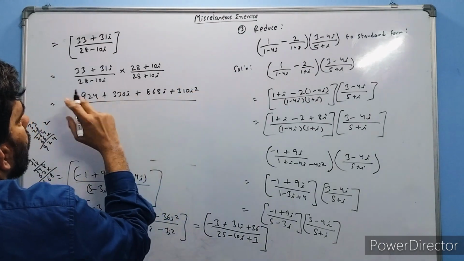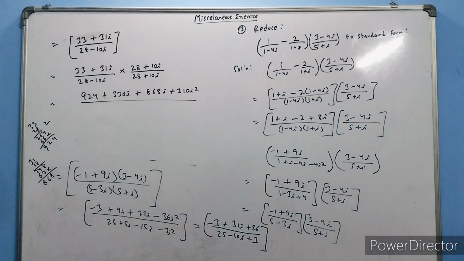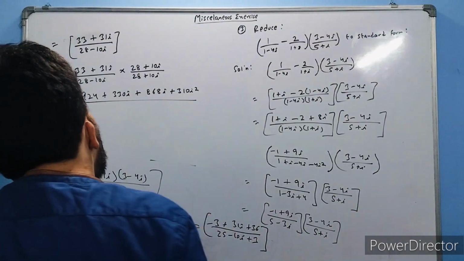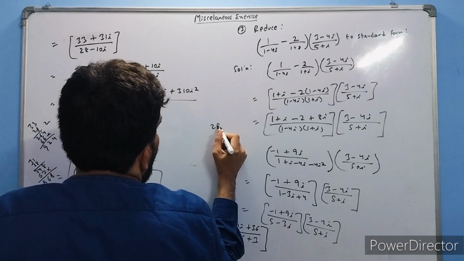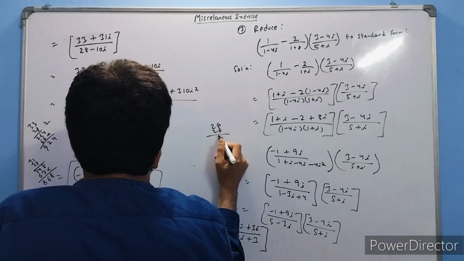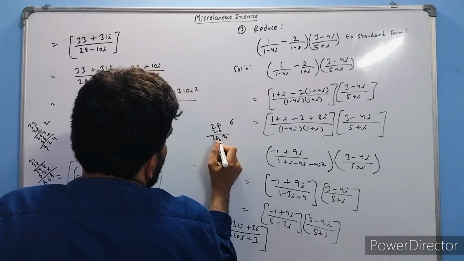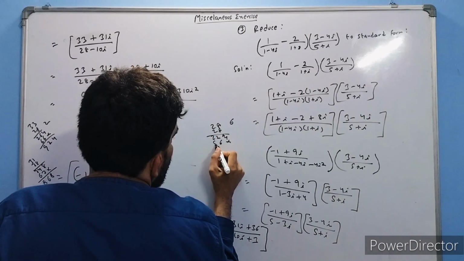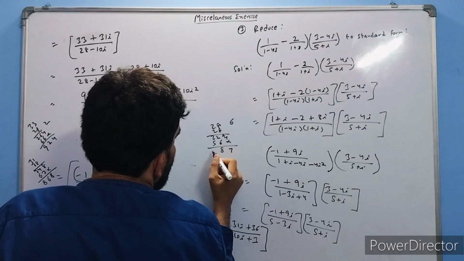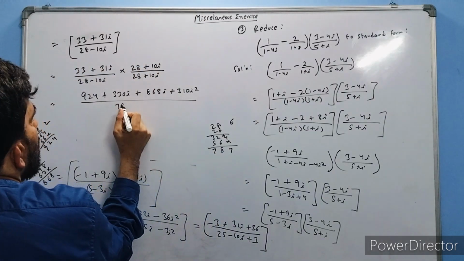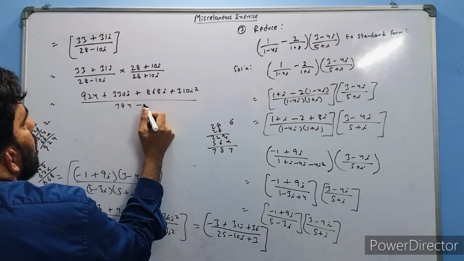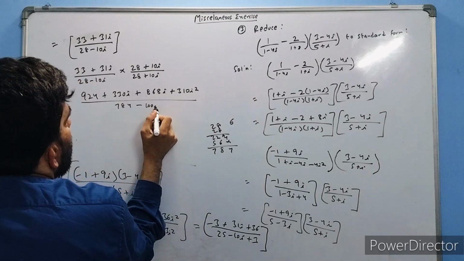Here I have 28 into 28, a minus b into a plus b, so it will be a square minus b square. So I have 28 into 28, it is just 784. 784 minus 100 i square.